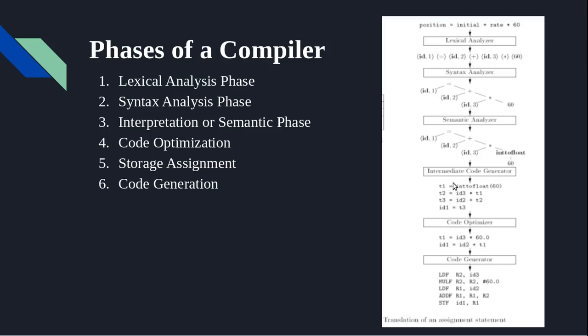Now that intermediate code will be given as input to our synthesis phase. The synthesis phase mainly consists of code optimization and code generation. Code optimization means the 3-address form of our source program will be given as input to the code optimizer.